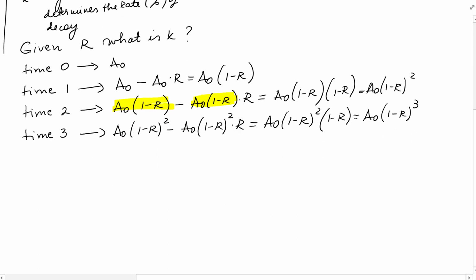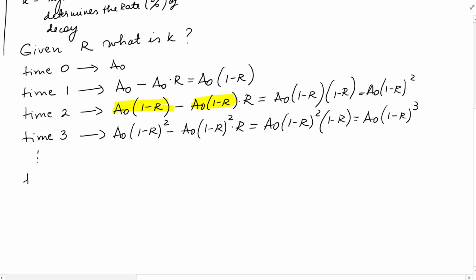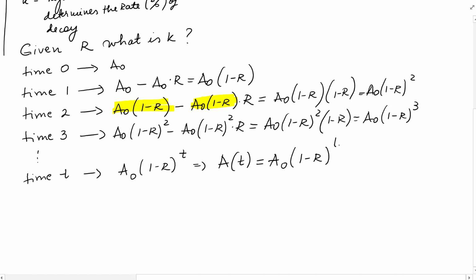So now we notice that after time t, we are going to get A0 times 1 minus r to the t. In other words, the final amount or population or whatever we have is A of t equals A0 times 1 minus r to the t.